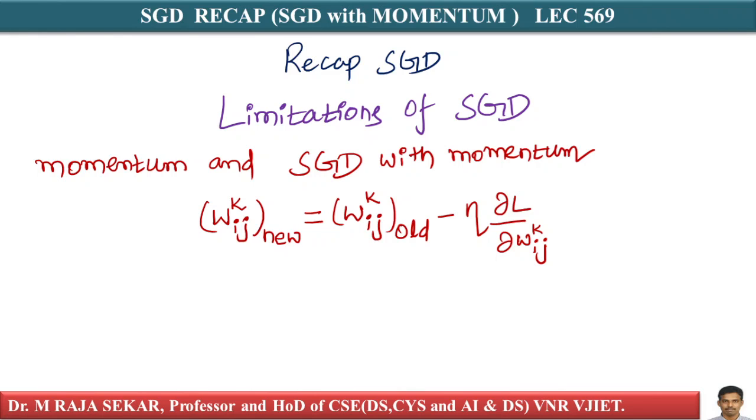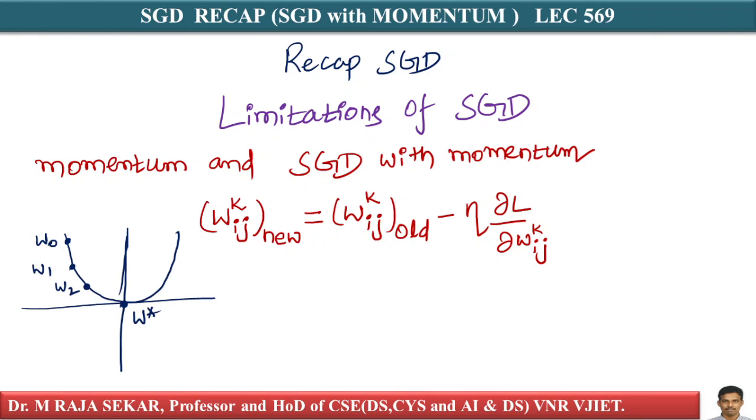Whenever you are computing the derivative of a function, initially, let's assume you have W0, my first approximation, then W1. Eventually, you will converge to W star, which is the minimum.